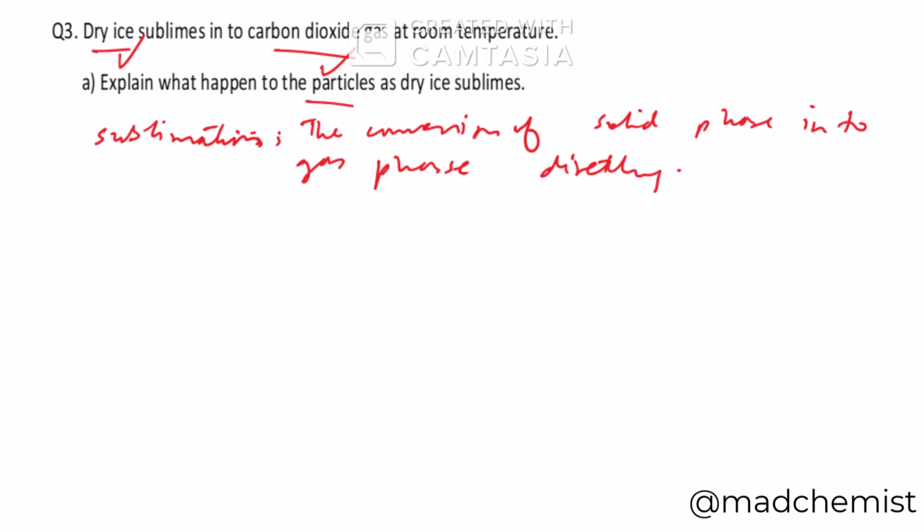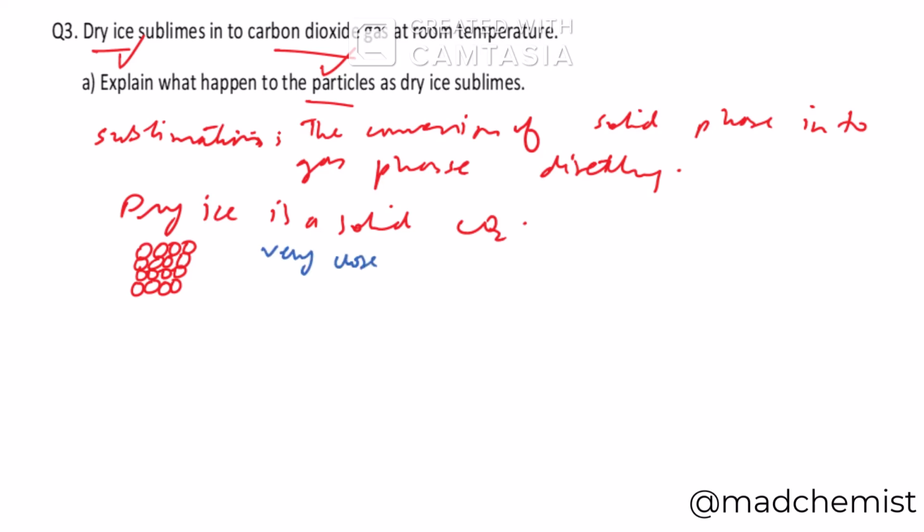The particle change will be, dry ice is a solid carbon dioxide. So in this state, the particles are very near or close to each other. They have fixed position, or they have ordered arrangement.